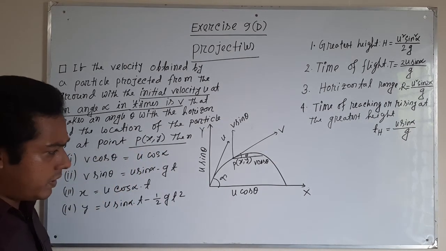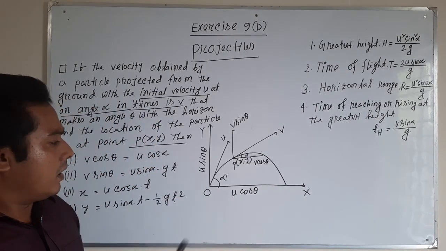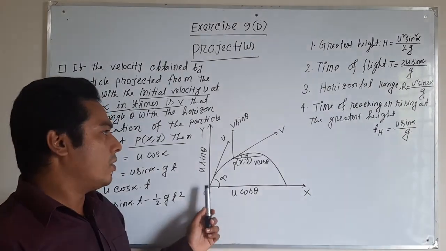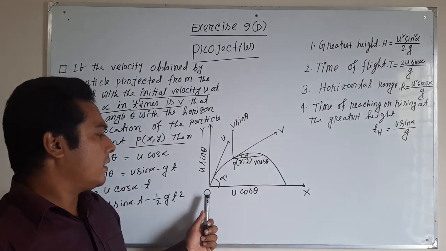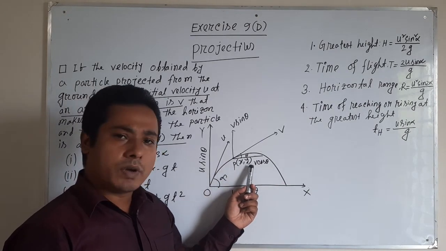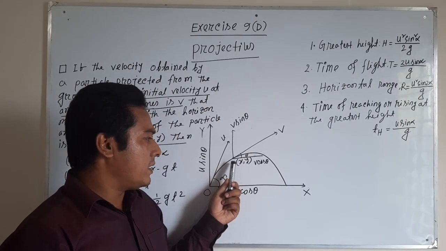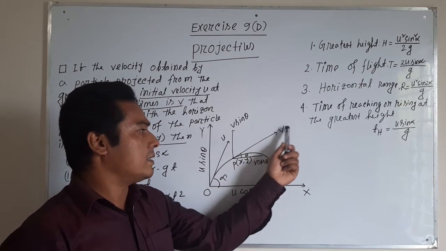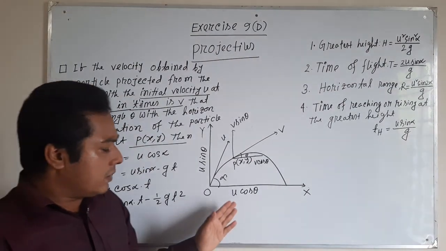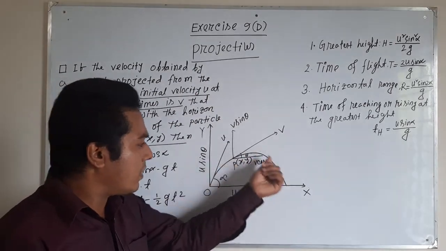That means if you throw the particle from this position at an angle alpha with the horizontal, then after time t the particle reaches the point P(x, y). At this point the velocity is v in this direction, and the initial velocity is in this direction. This path is called a projectile.